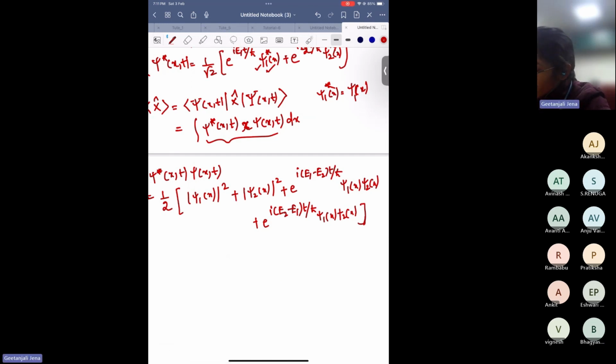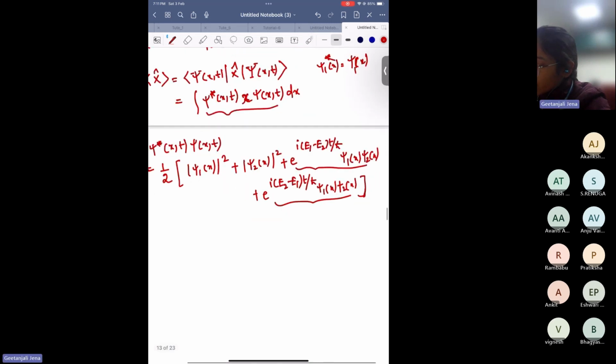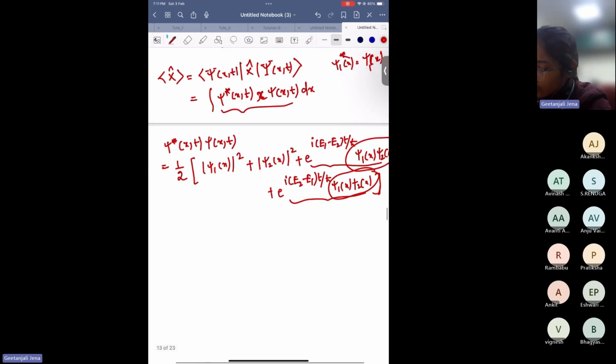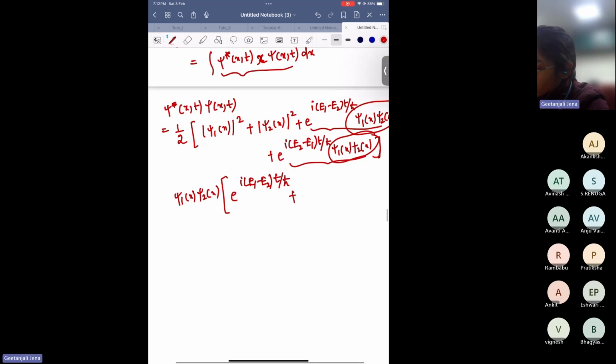Now let's see these two terms. There is a common factor here, psi1 psi2. If you see these two terms, psi1(x) psi2(x), there is a term e to power i (E1 minus E2) t by h cut plus e to power i (E2 minus E1) t by h cut.